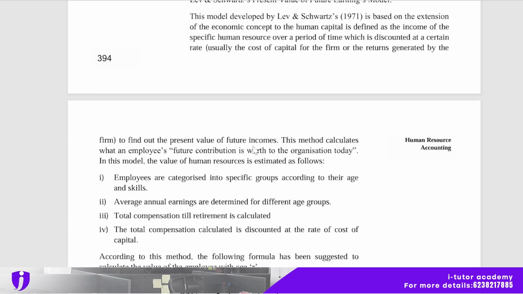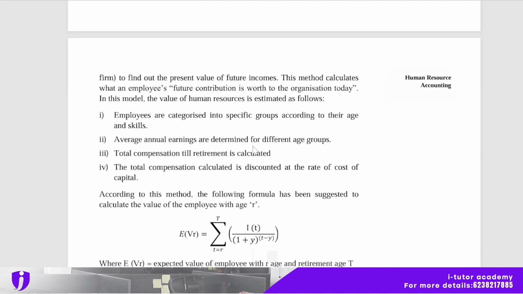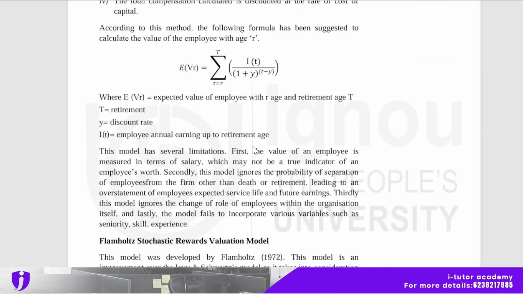First, employees are categorized into specific groups according to their age and skill, and average annual earnings are determined for different age groups. Total compensation till retirement is calculated. The total compensation calculated is discounted at the rate of cost of capital.